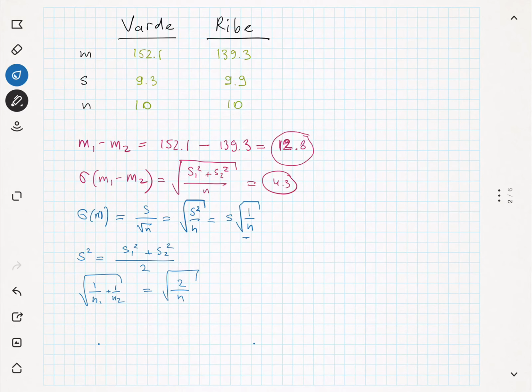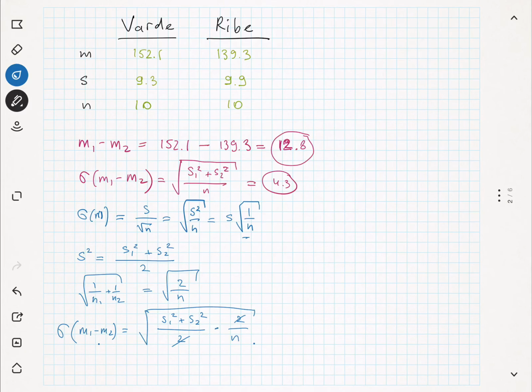Now let's combine this together. The sigma for m1 minus m2 is the square root of s1 squared plus s2 squared divided by 2, the average variance, times 2 divided by n. Then we just get rid of the 2s, and we get the formula that we used. So that's just a little intuition about why we use this formula.